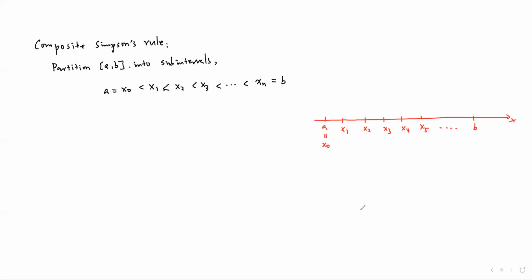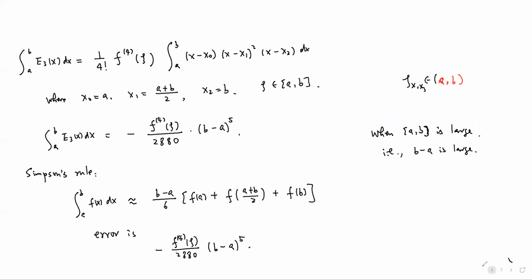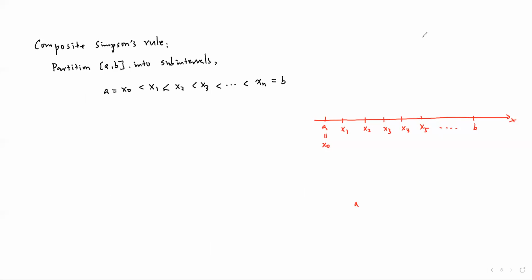Simpson's rule involves 3 points, right? 1 point, 2 points, 3 points. So apply Simpson's rule to this interval, and to this interval, and to this interval. So therefore, here n should be an even number, not an odd number, an even integer.